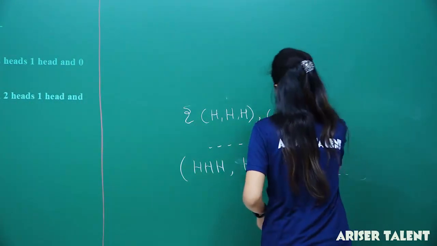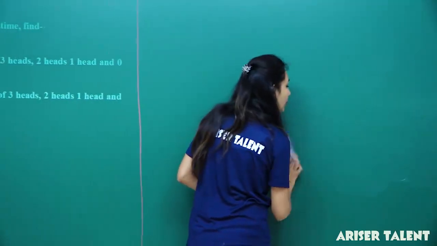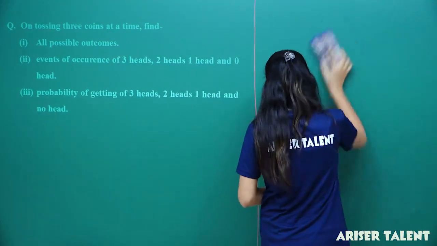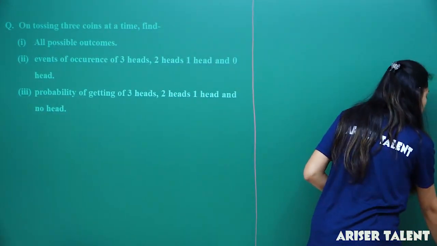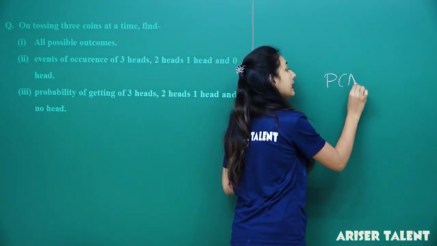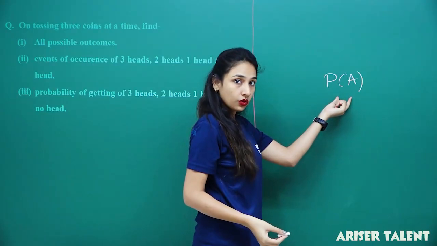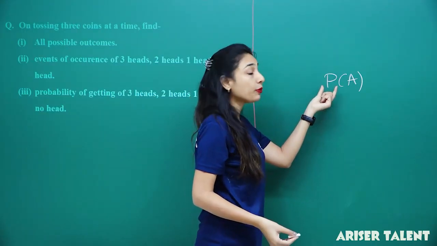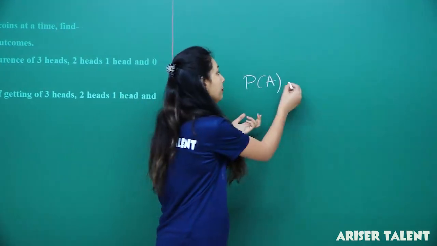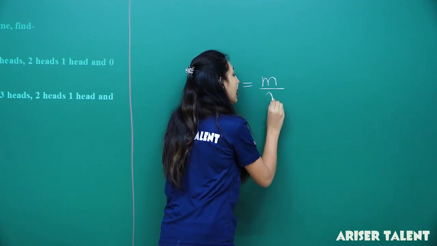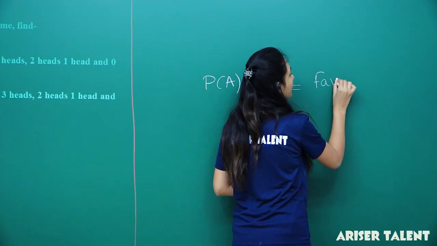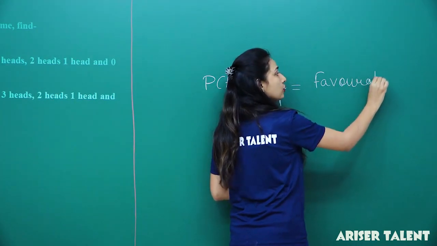Now, we have done the question, but now we'll learn how to write it in an exam, in our board exams. So what we were having is this formula P(A), where A is an event and P is the probability of occurring of event A. And we have discussed this formula M by N, where M was the favorable outcome, right students?